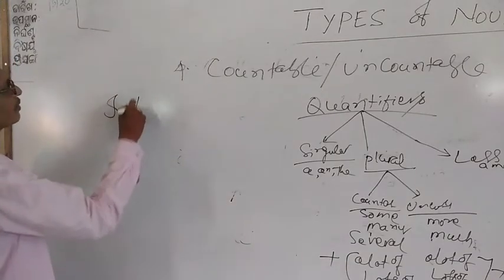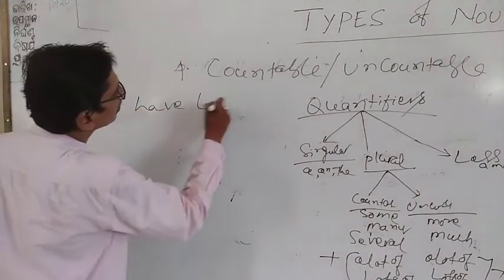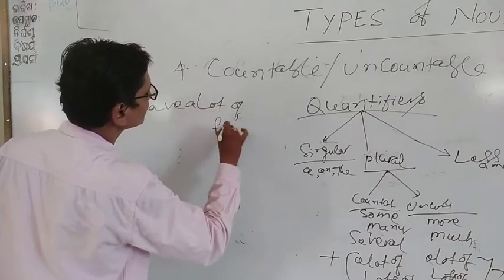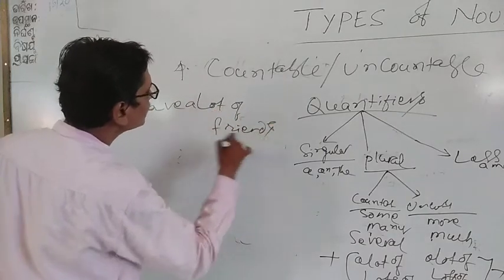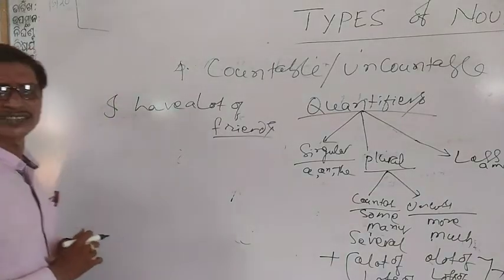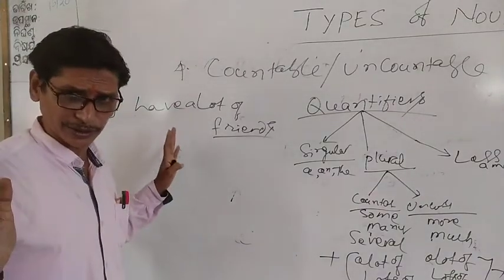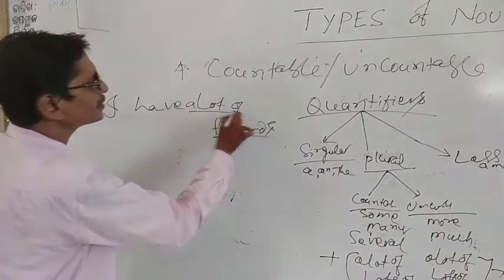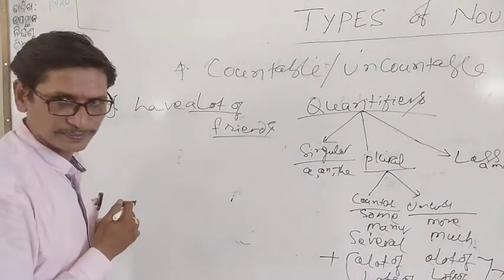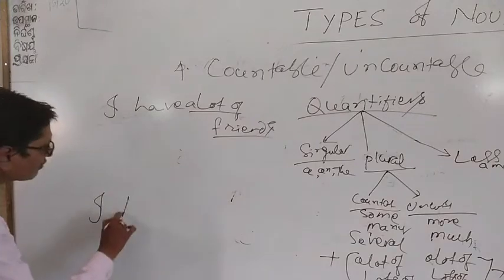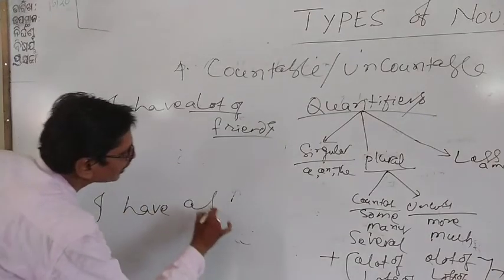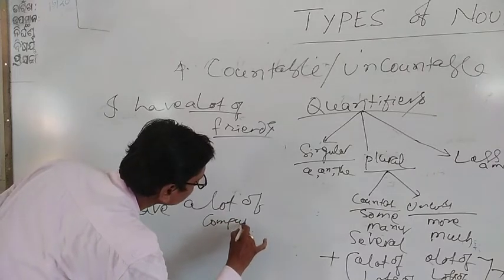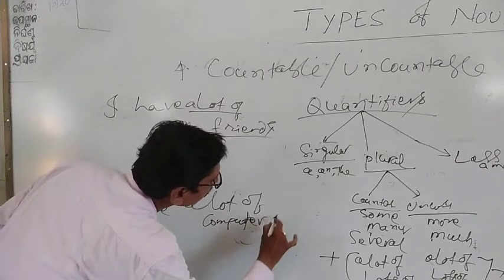I have a lot of friends. Here you are talking about friends, which is a countable noun, so we use this quantifier a lot of. I have a lot of computer knowledge.